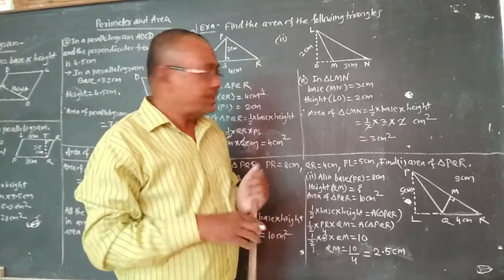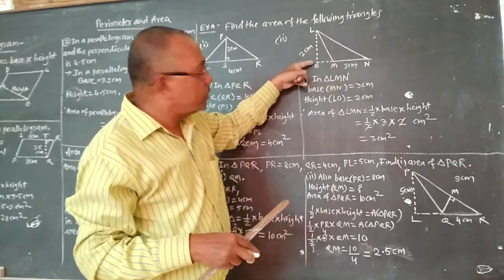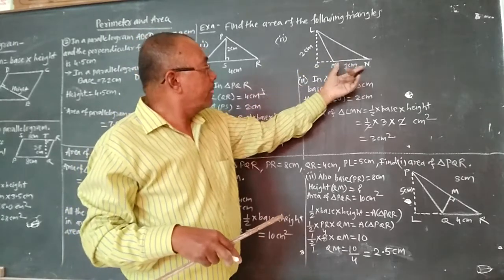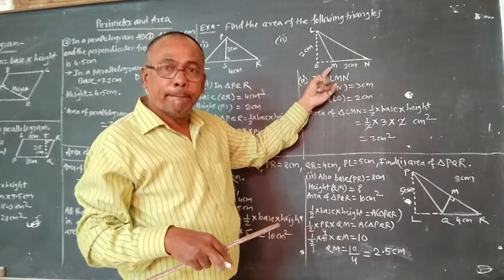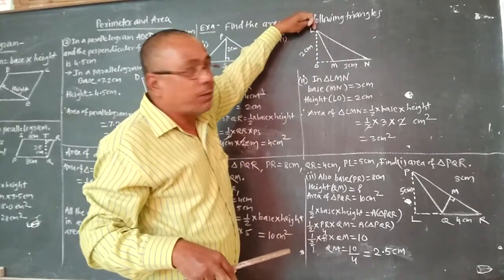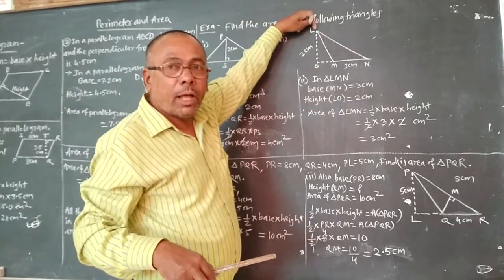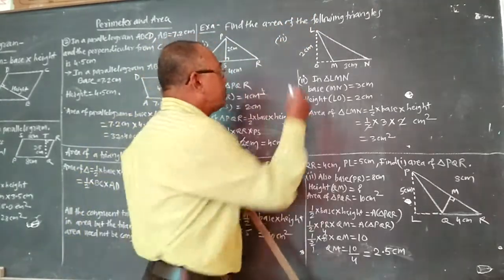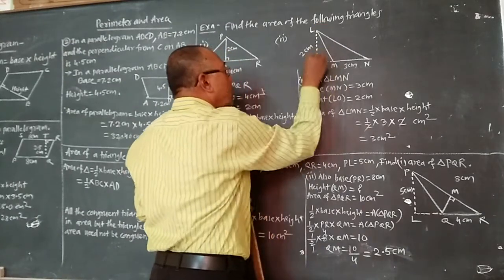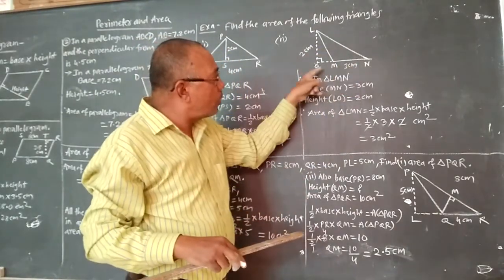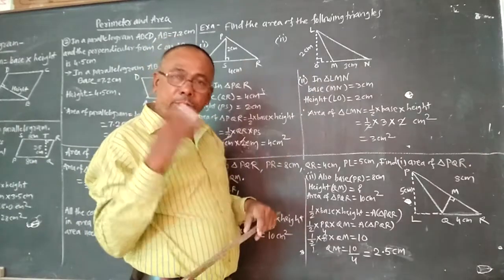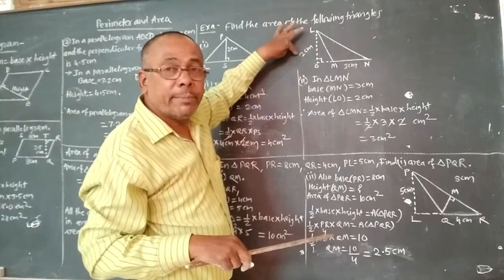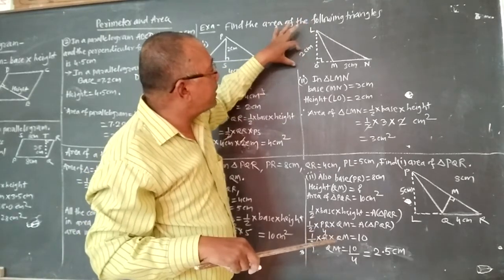I have produced NM up to O, and from the vertex L I have drawn the perpendicular LO. So LO intersects NO at 90 degrees, and therefore LO is the height, which is 2 centimeter.